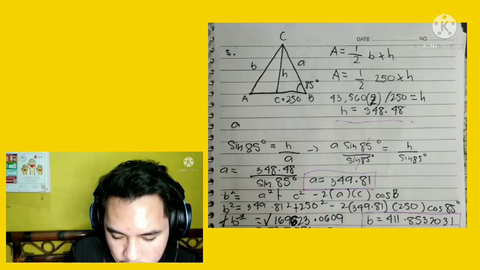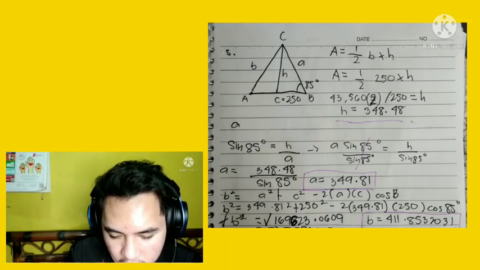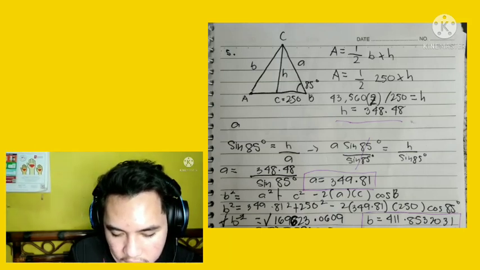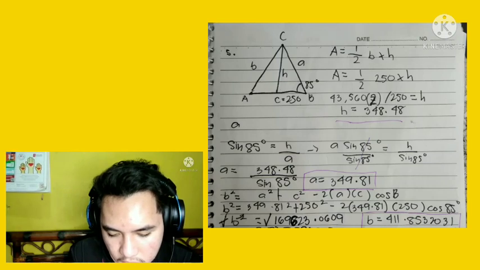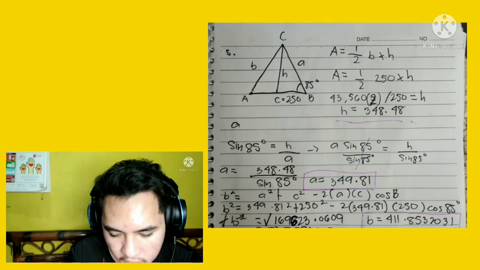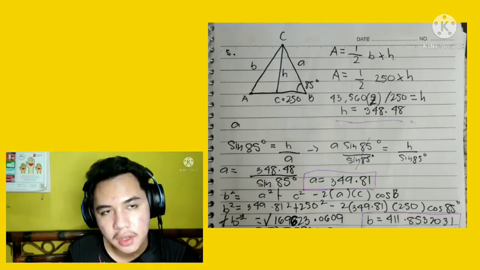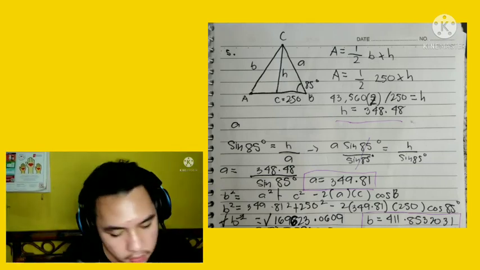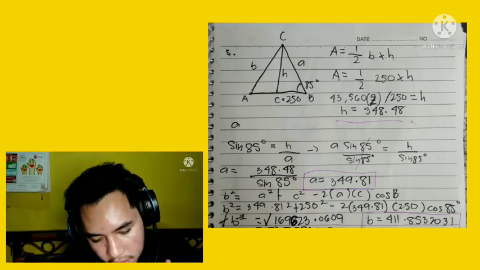So to solve, we now have 43,560 times 2 over 250 equals h. So h is equal to 348.48.